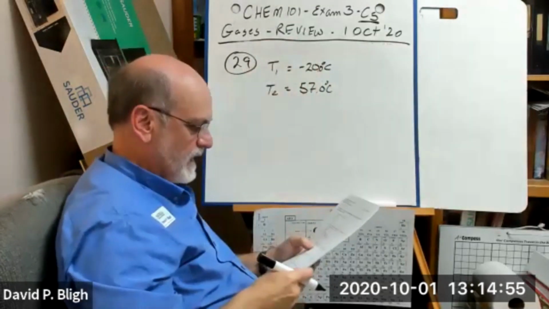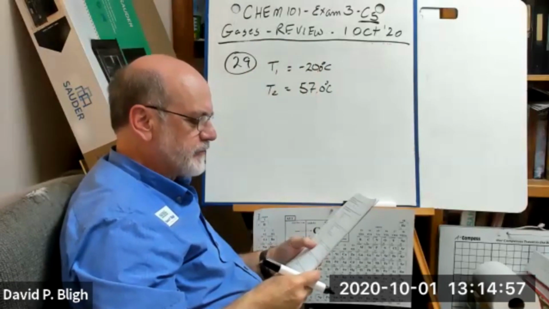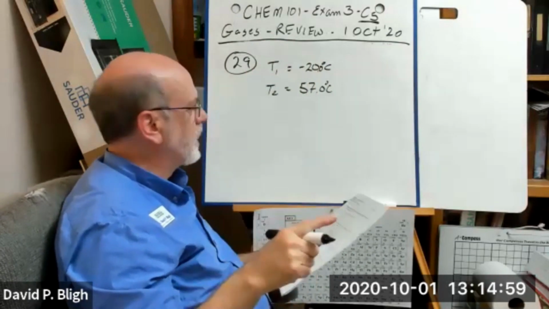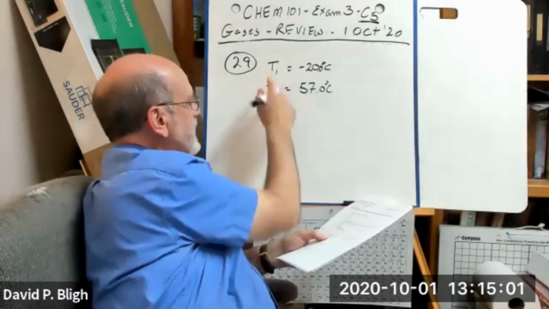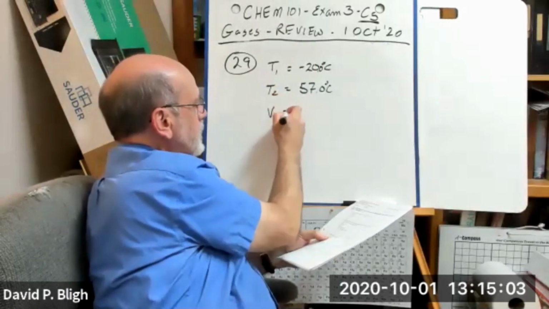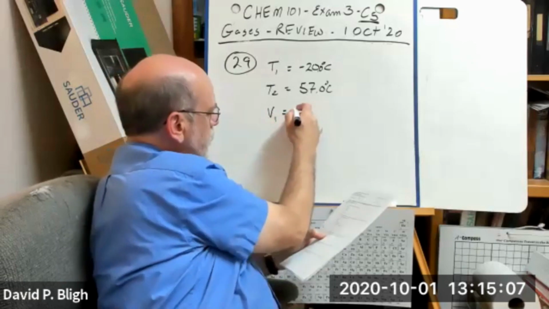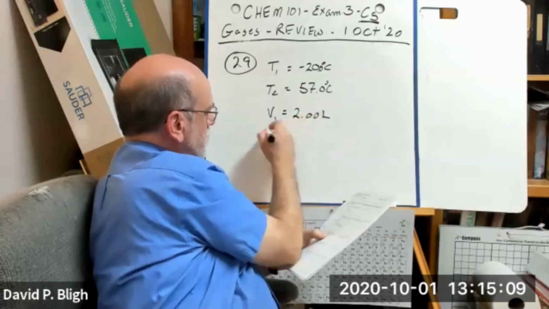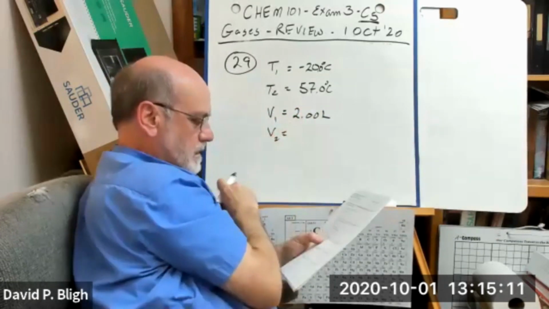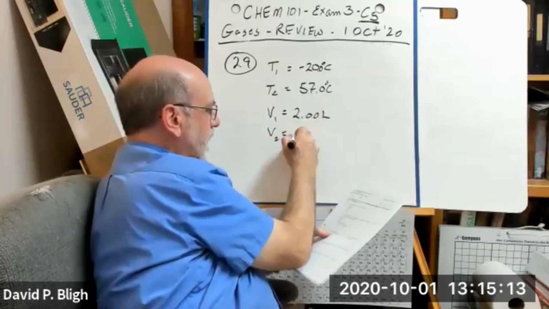Okay. And the volume increases from 2 liters to 4.5 liters. So from that temperature, the volume went from there at 2 liters to there at the new temperature, 4.5 liters.